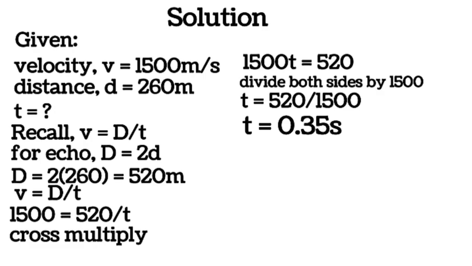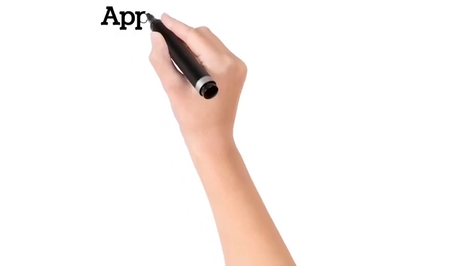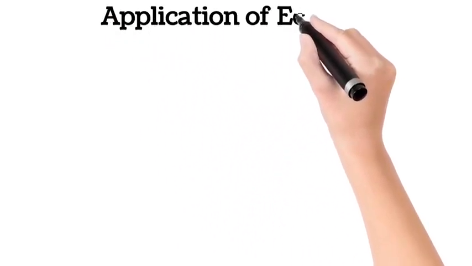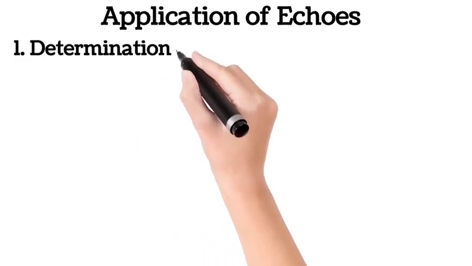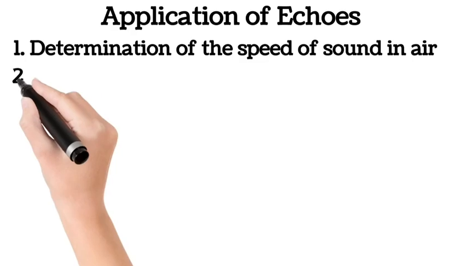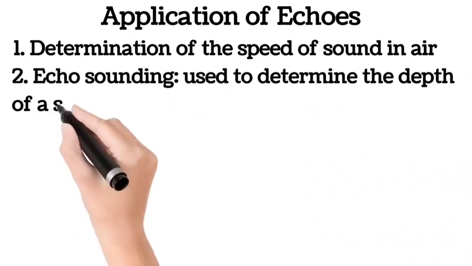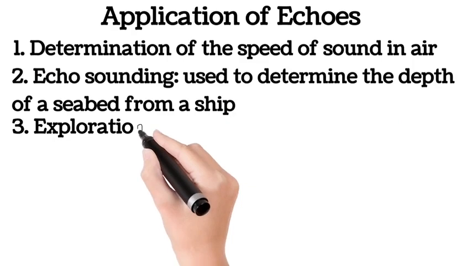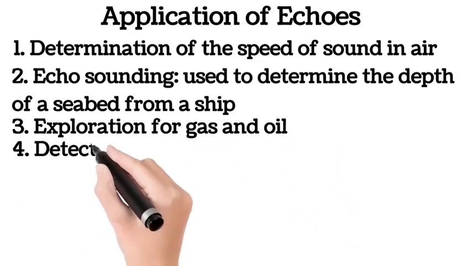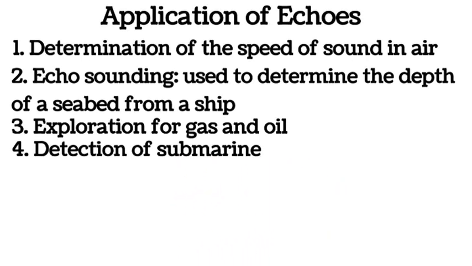So let's look at something else, application of echoes. First, echo is applied in the determination of the speed of sound in air. And for number 2, you see echo sounding. The concept of echo sounding is used to determine the depth of a seabed from a ship, like the question 2 we just solved.